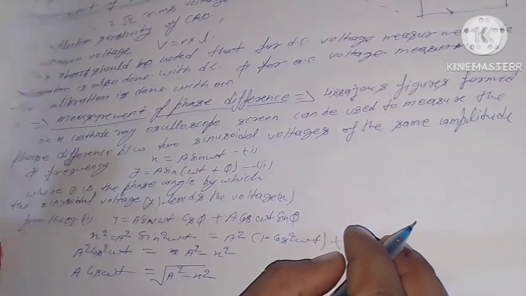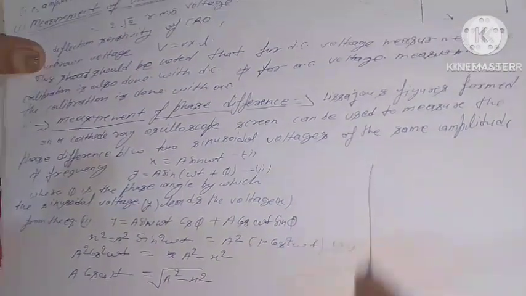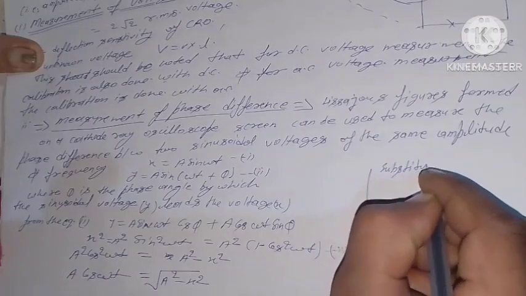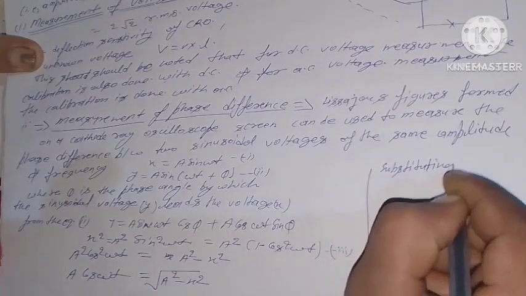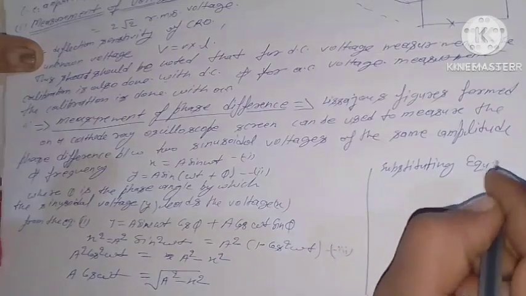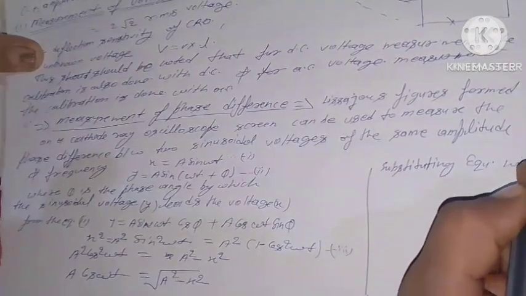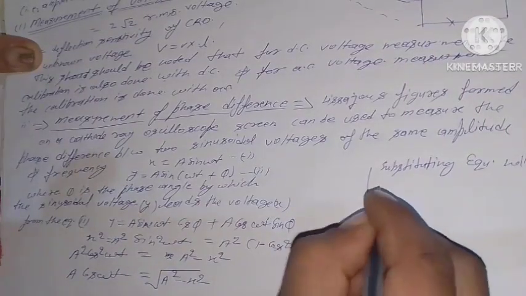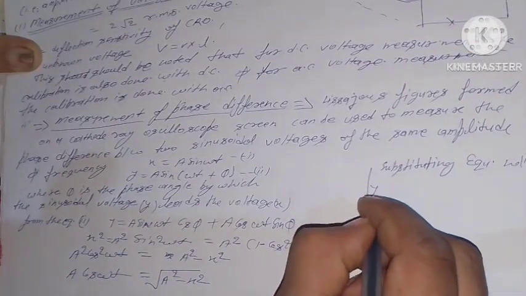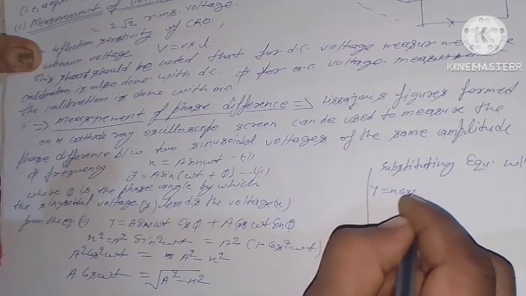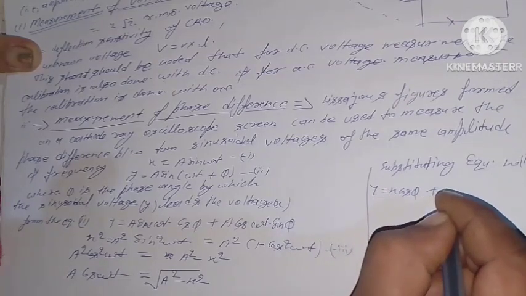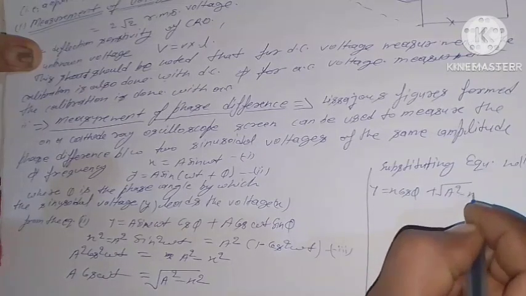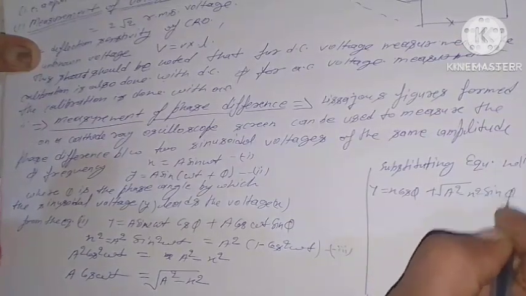Substituting equation number three, we have y equal to x cos phi plus under root of a square minus x square sine phi.